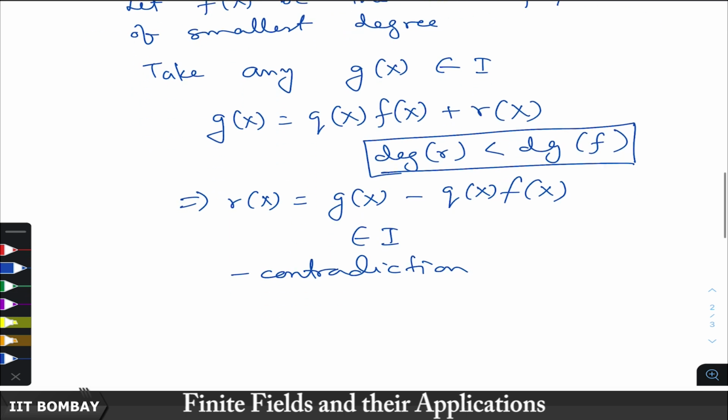Right, because there is supposed to be no polynomial of smaller degree than f in the ideal.